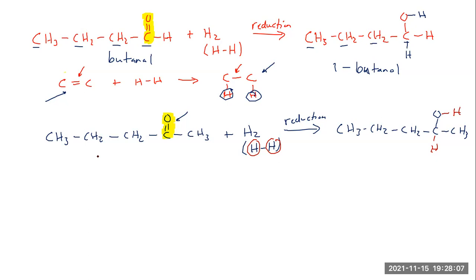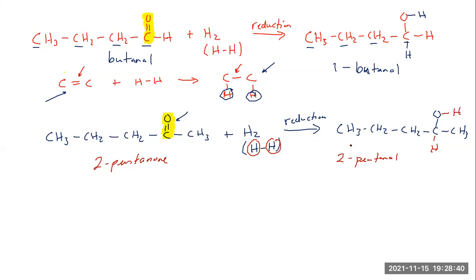And this would be 1, 2, 3, 4, 5, 2-pentanone becomes 1, 2, 3, 4, 5, 2-pentanol, which is a secondary alcohol. So again, this is basically the opposite reaction to what we see happen with our secondary alcohol that gets oxidized to a ketone.